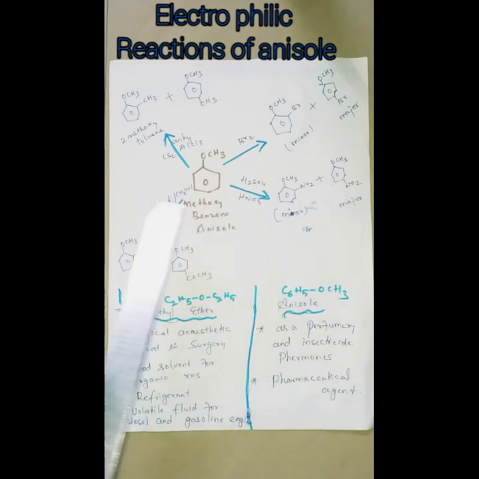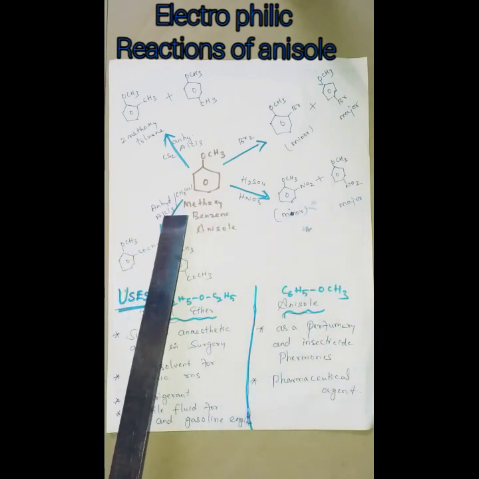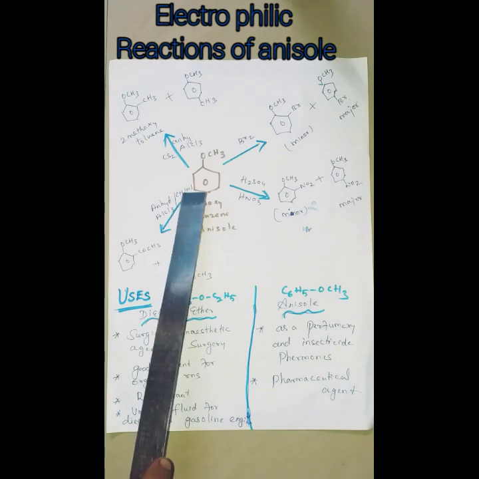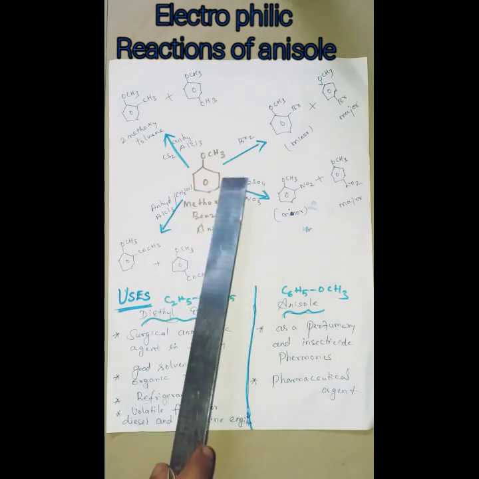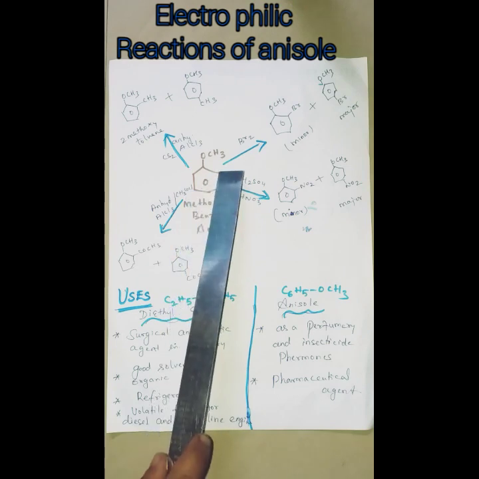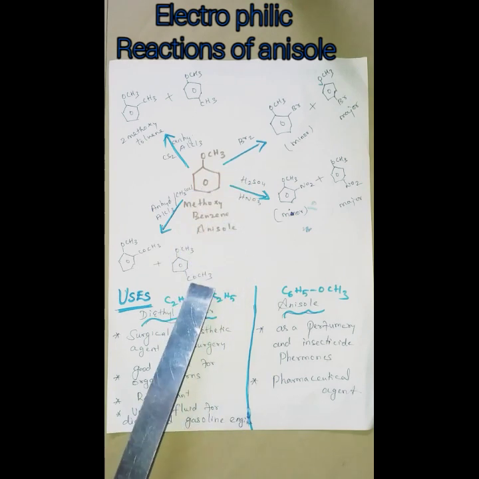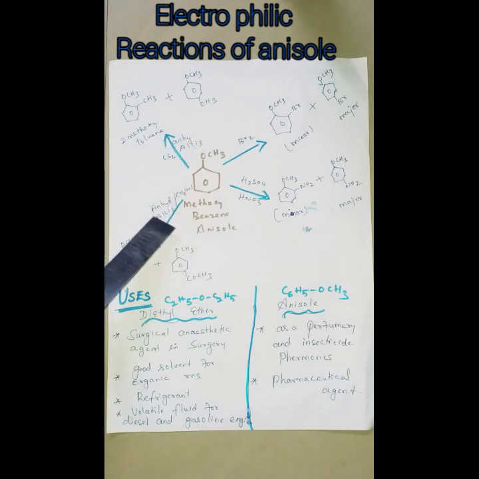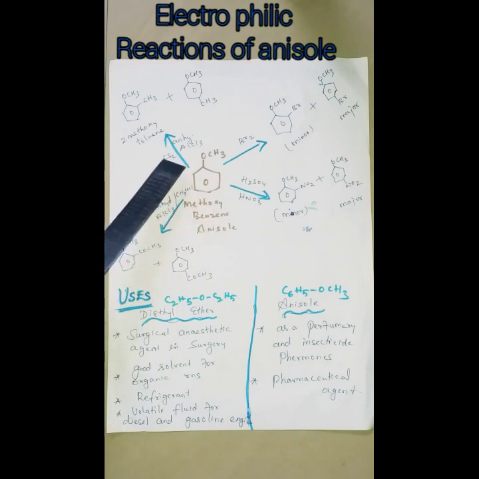Then the third reaction is with anhydrous aluminum chloride, in the presence of an acetyl group, CH3COCl. Here also the COCH3 acetyl group attacks the ortho as well as para position. In the fourth reaction, the catalyst is the same anhydrous aluminum chloride, with carbon disulfide, and the attacking group is a methyl group.